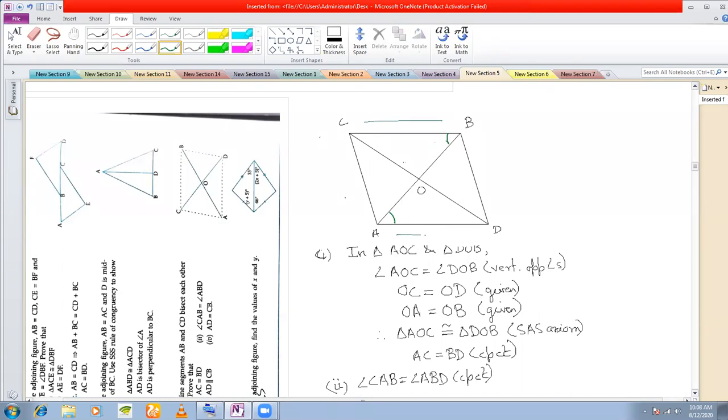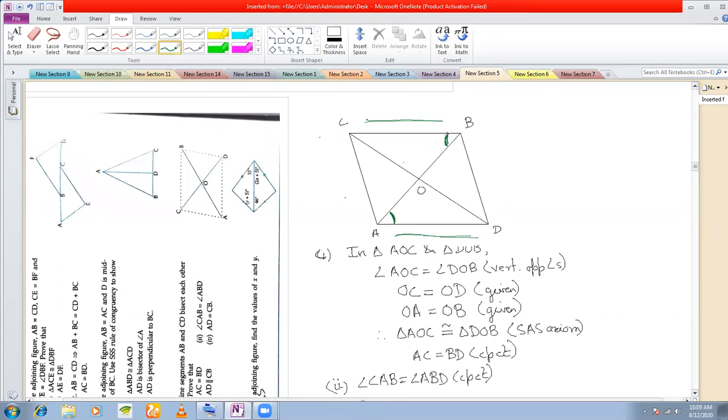This one and this one. Can anyone tell me? Yes, I can say, because if this angle is equal to this angle, and these angles are alternate angles, therefore these two must be parallel.